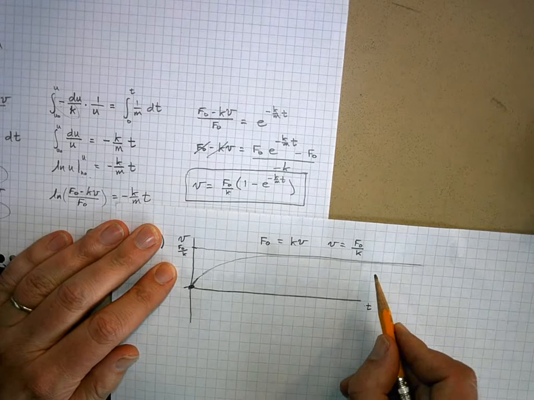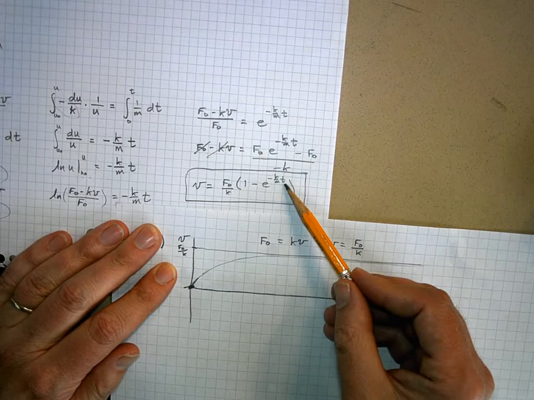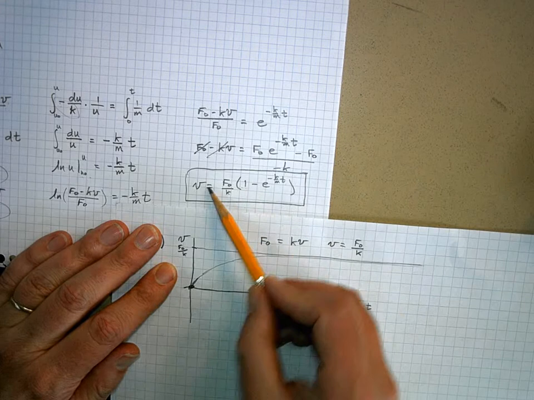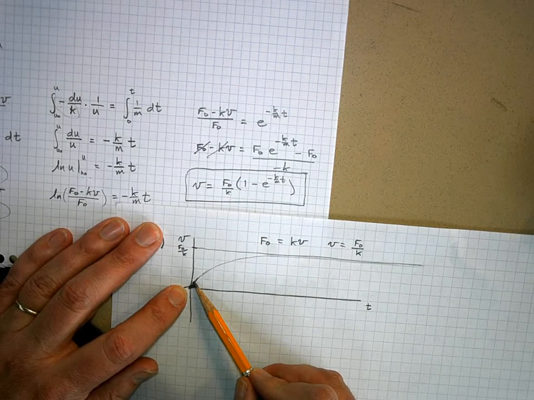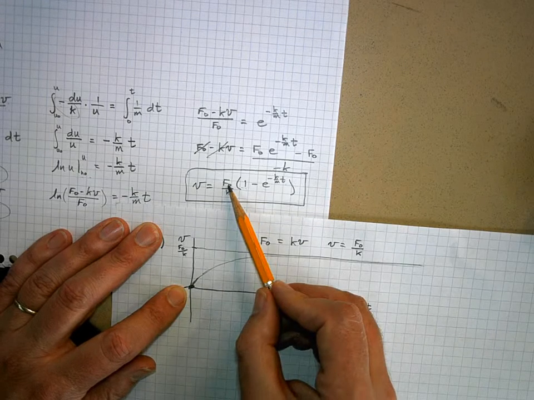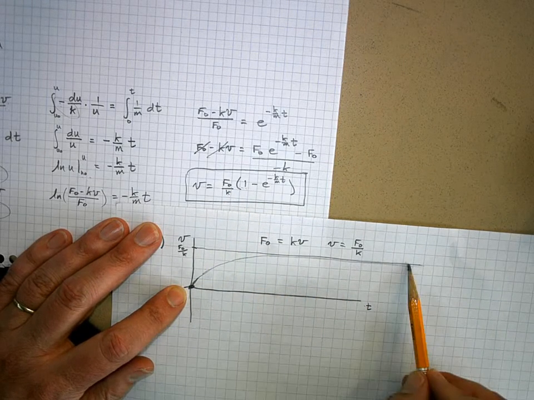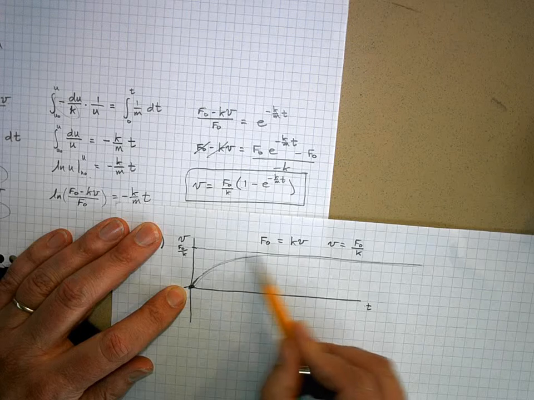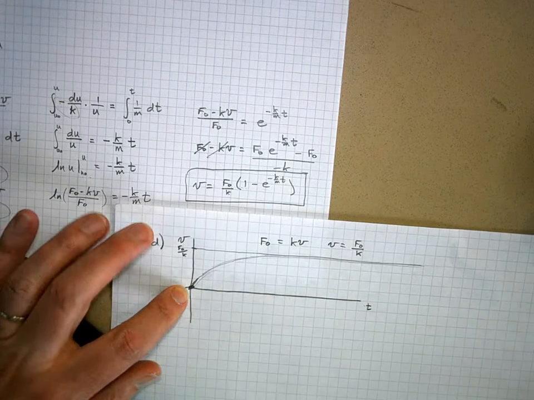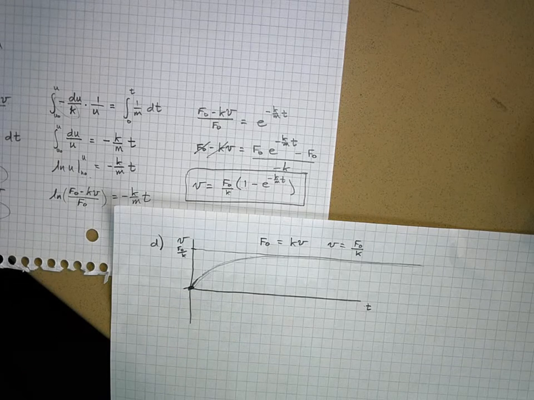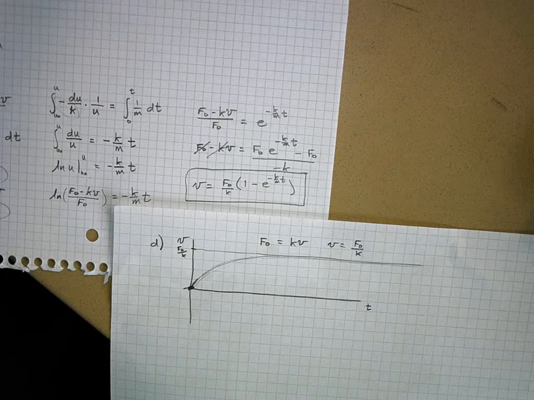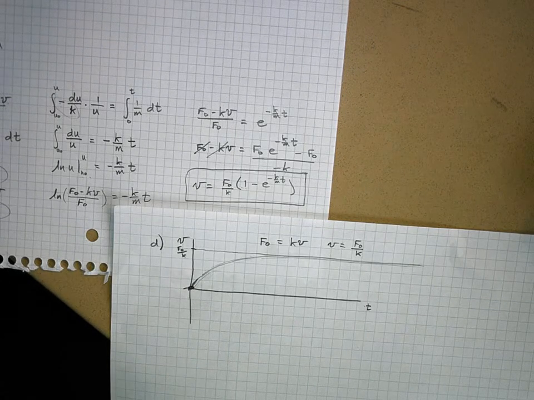When t is equal to 0, you get 1 minus 1, which is 0. When t goes to infinity, this becomes F naught over k, which is what we got right here, and it's an exponential function, so you know to make it a curve like this. But you didn't need to solve part C to get that. That's pretty neat. So keep that in mind when you're doing the AP test, because it's about maximizing points.